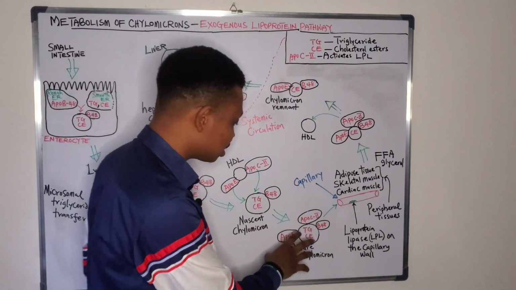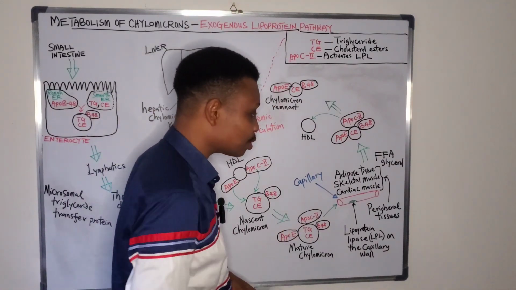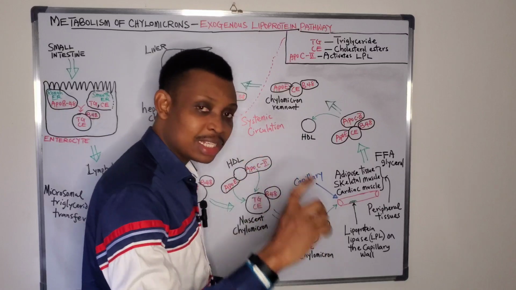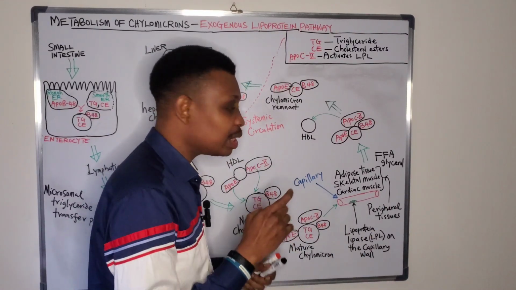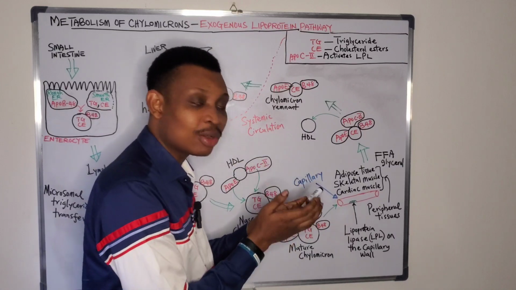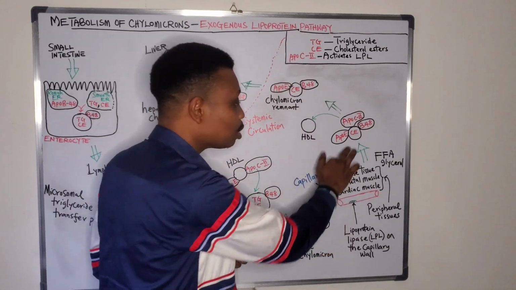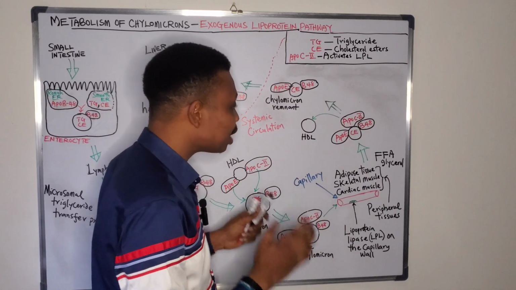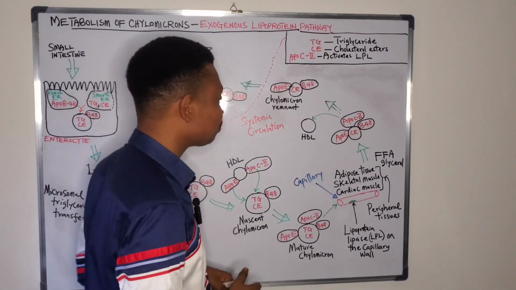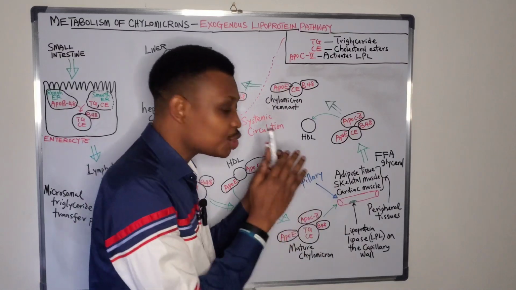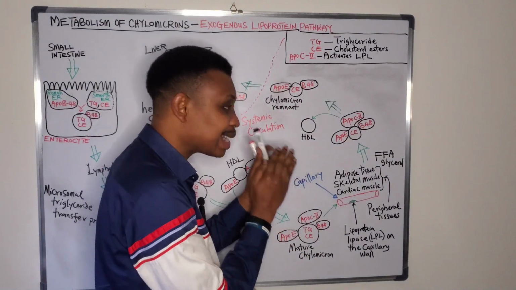After the hydrolysis of the mature chylomicrons, about 80 to 90% of the triglycerides will be hydrolyzed. So the major component that will be left in that chylomicron particle will be cholesterol esters, together with ApoE, ApoC2, and ApoB48. And that will result in the shrinking of the chylomicron.